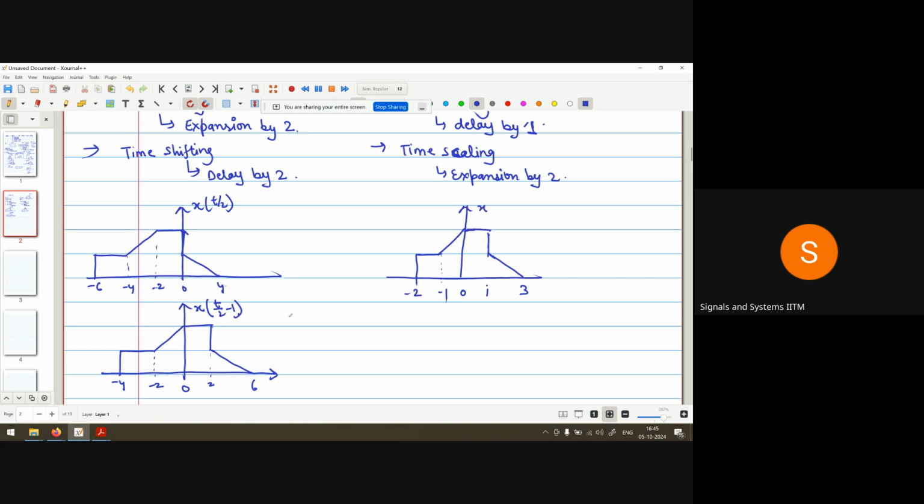So this is x of t minus 1. Now we do the expansion. So -2 becomes -4, -1 becomes -2, 0 becomes 0, 1 becomes 2, and 3 becomes 6. This is x of t by 2 minus 1. Both are the same.